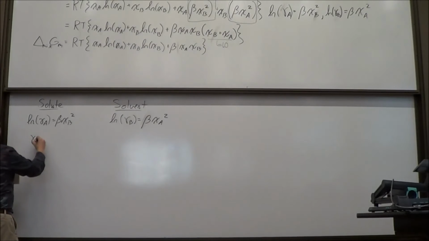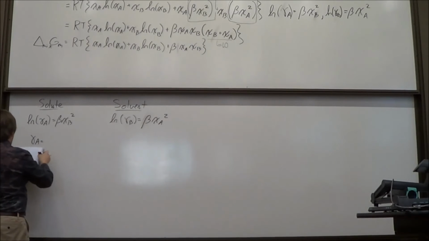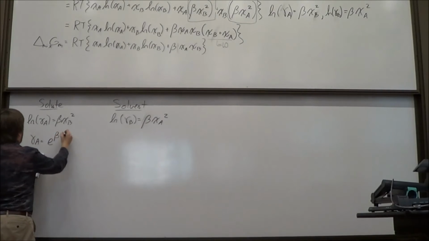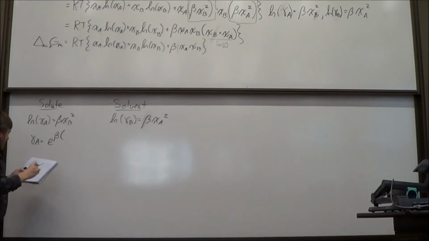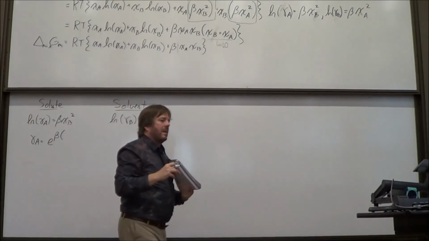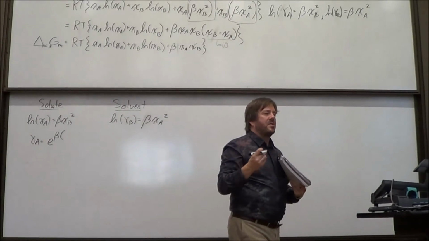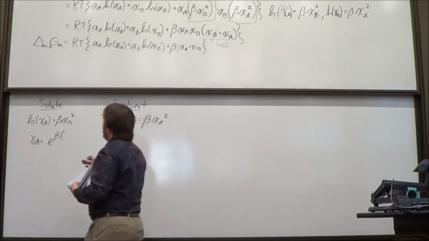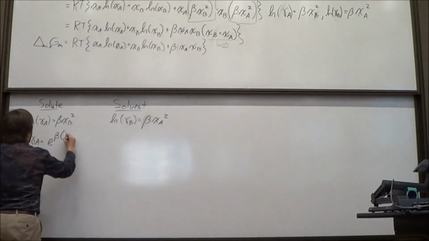Now what I can do is I can say gamma A is e to the beta. Okay, what I'm going to go ahead and do is insert that chi B, the mole fraction of B, is actually 1 minus the mole fraction of A, because I don't like having A's and B's mixed up here.